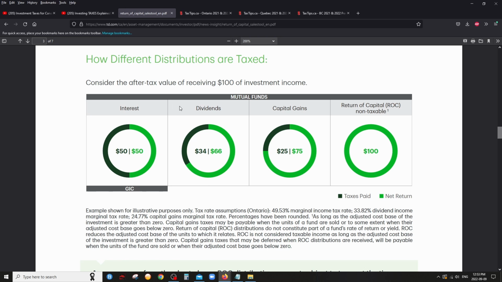Then the last category would be capital gains. Capital gains in Canada is basically when you buy a stock low and you sell it high, you make a capital gain. But income can also be considered capital gain. A lot of the stuff that I talk about on my channel, the covered call products, the option premiums generated with those covered call ETFs, is going to be capital gains income.